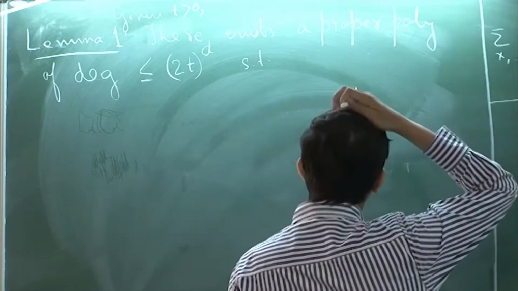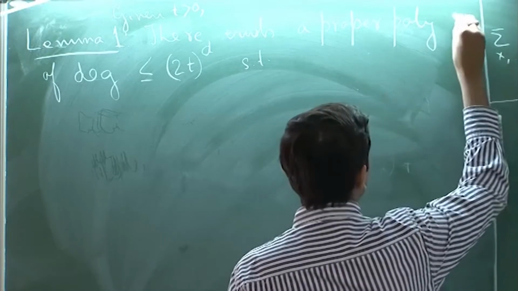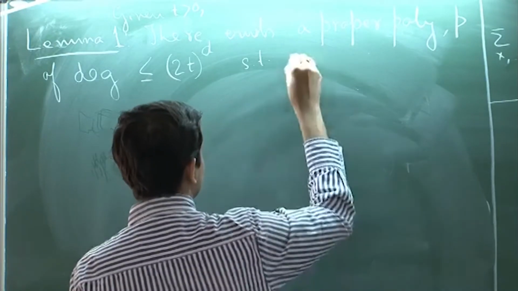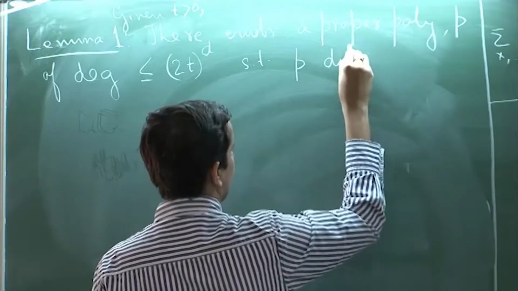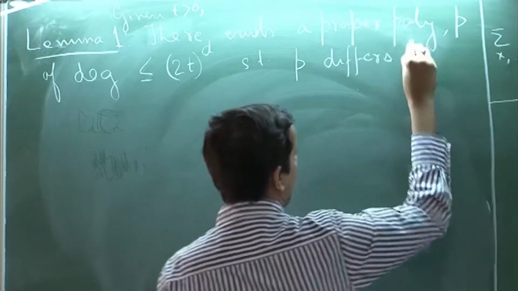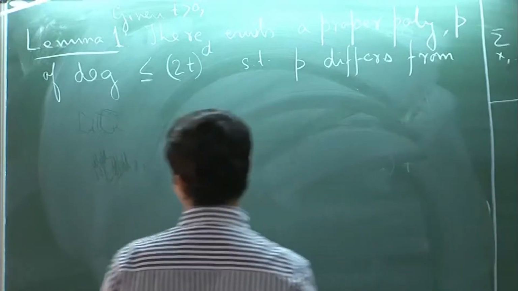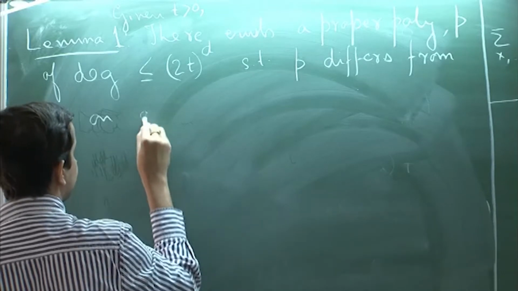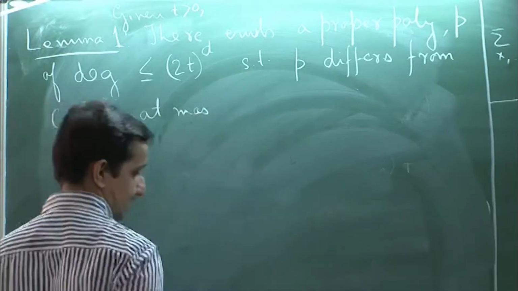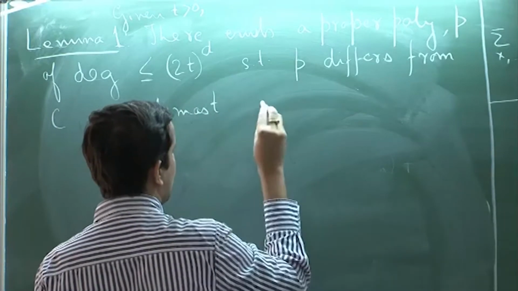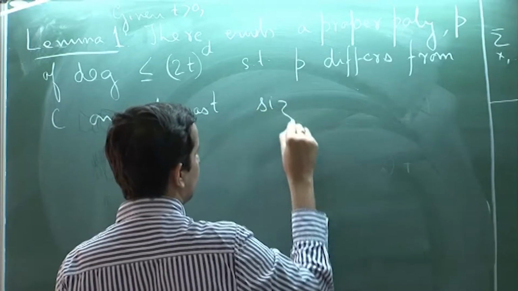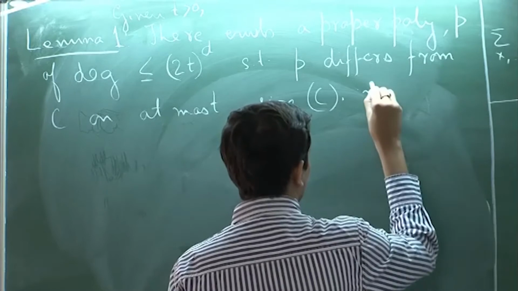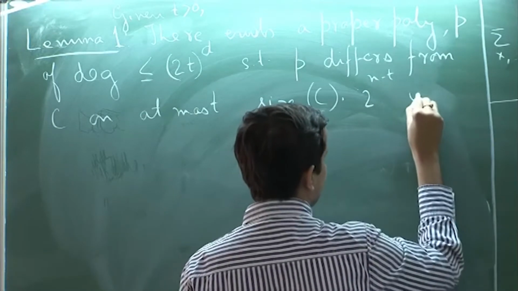such that the proper polynomial, let us call it P, differs from C on at most size of C times 2 to the power n minus t inputs.